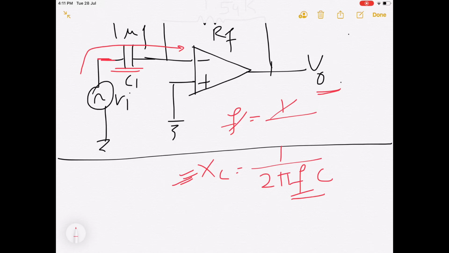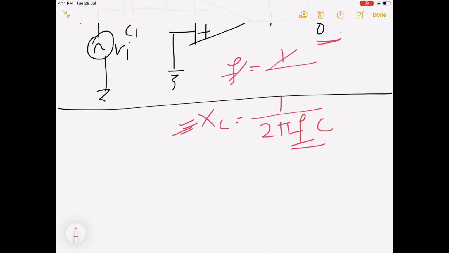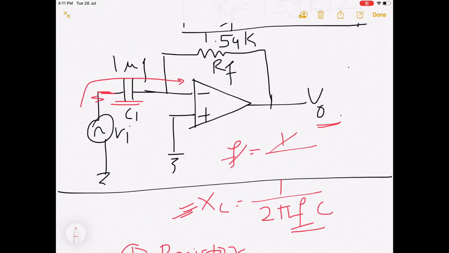So, to avoid this, in a practical differentiator we have to connect one resistor in series with the capacitor C1. Here we have to connect one resistor.